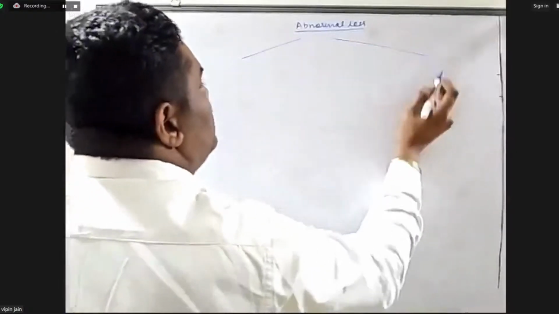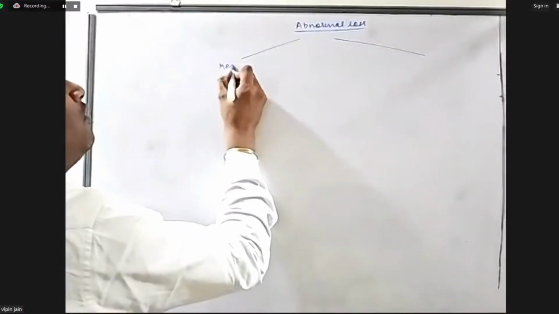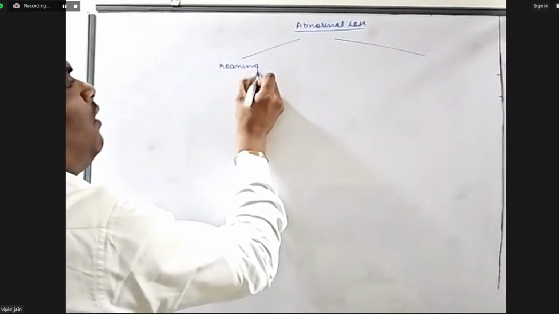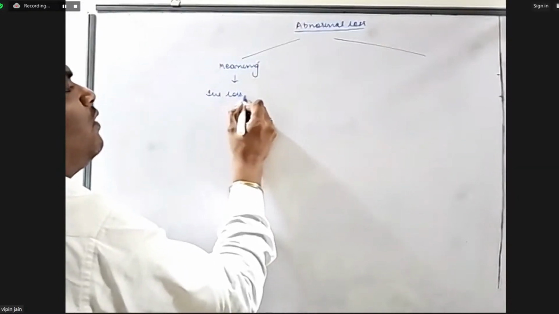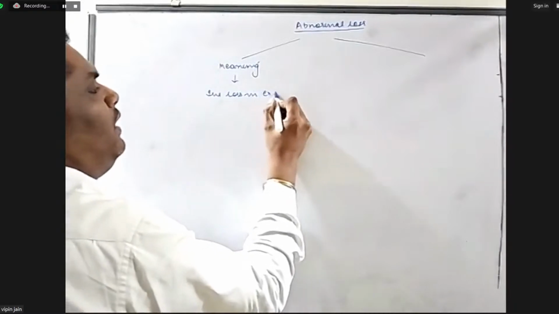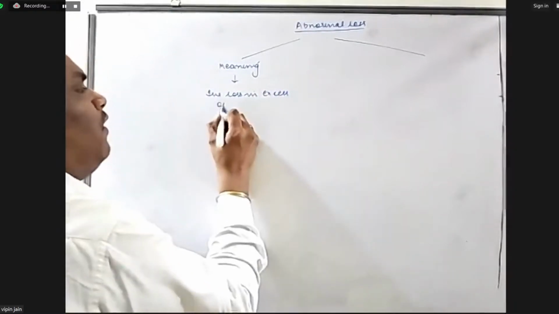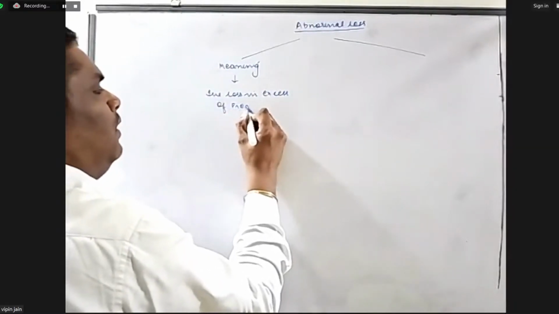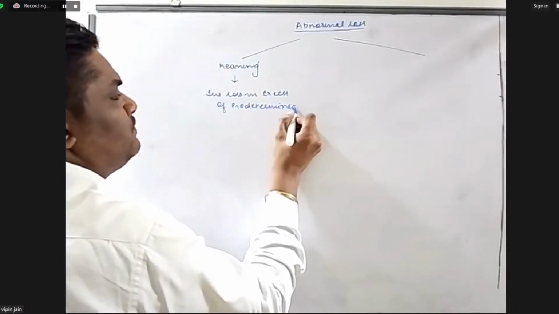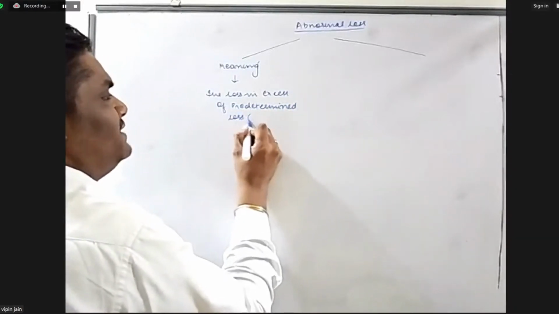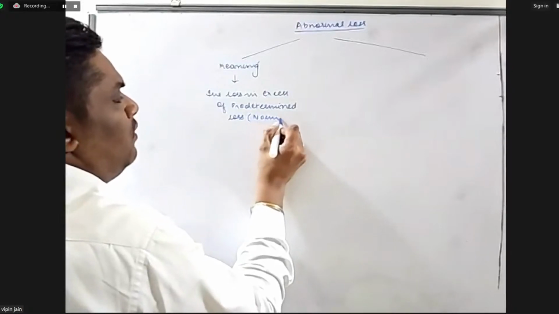So when talking about abnormal loss, meaning the loss in excess of predetermined loss, or we can say normal loss.